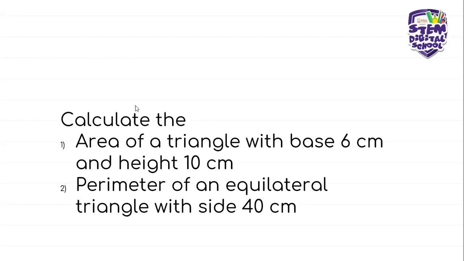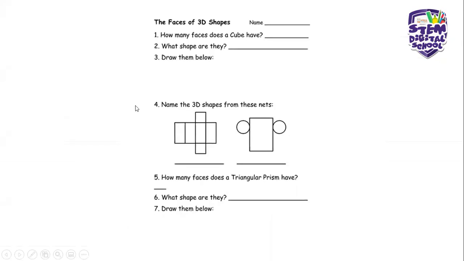And let me not waste any time. We have now come to another activity which we need to look at. Yesterday, I spoke about the faces of the 3D shapes, or rather the 3D objects as we call them.